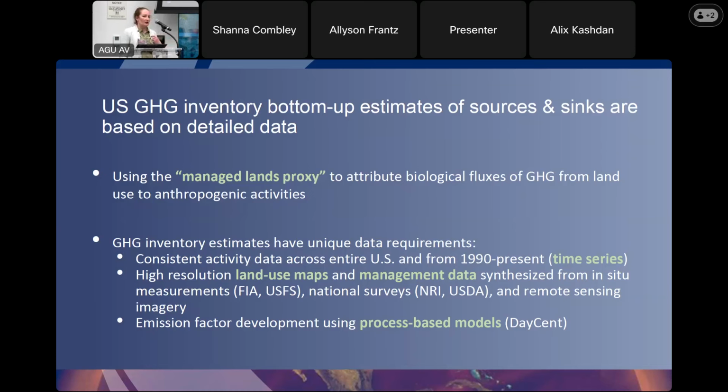This is on-the-ground measurements that are prepared by the Forest Service through the Forest Inventory and Analysis (FIA) program, as well as national surveys through the USDA and other remote sensing imagery. We combine all of this imagery together to build these activity data databases and then apply emission factors. So what are the emissions and removals that are occurring per unit land area using process-based models like DayCent, for example. Next slide, please.